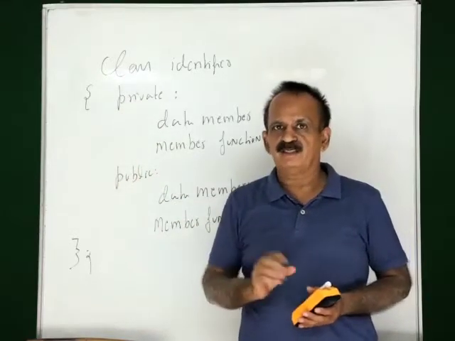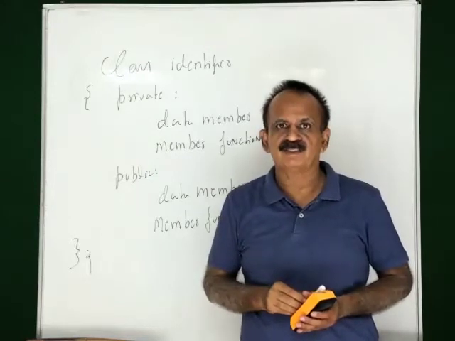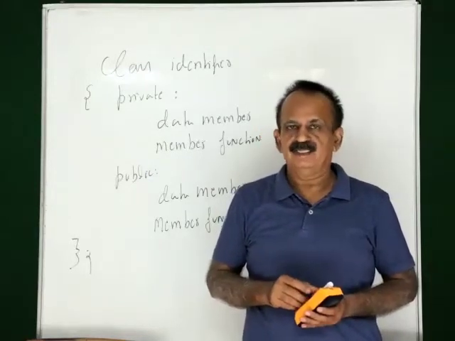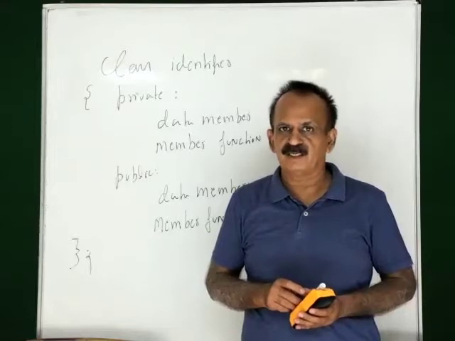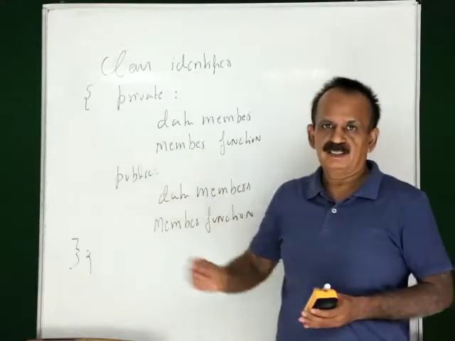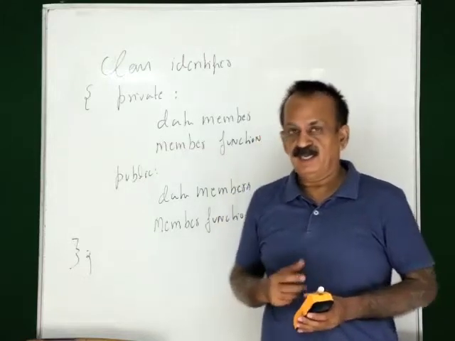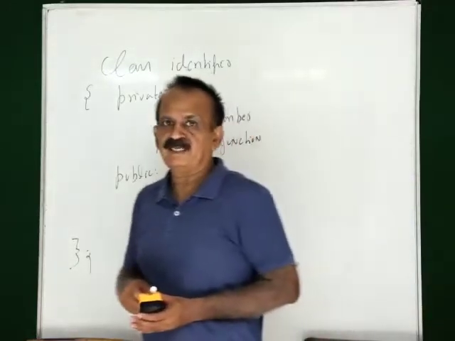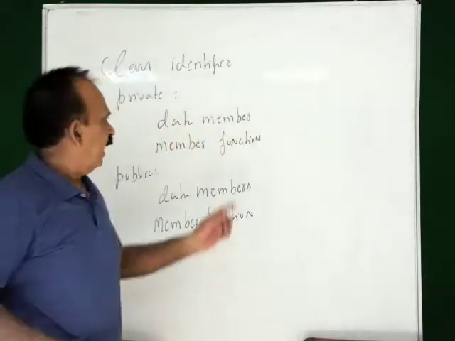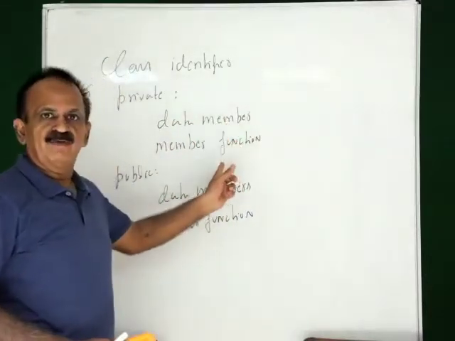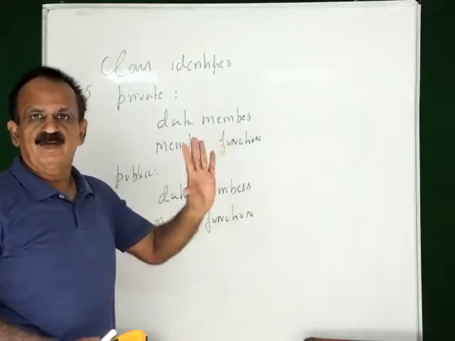One very important thing is that by default the members are private. That means if we do not mention the words public or private, the members will be considered as private members of the class. Another important thing is that we can declare any data member or any member function as public or private.